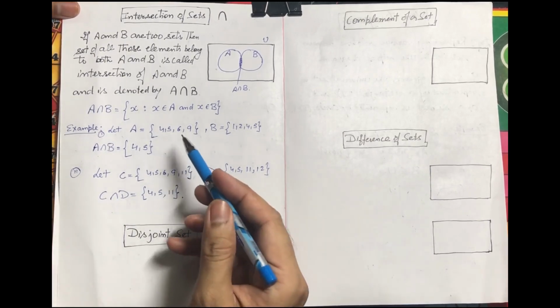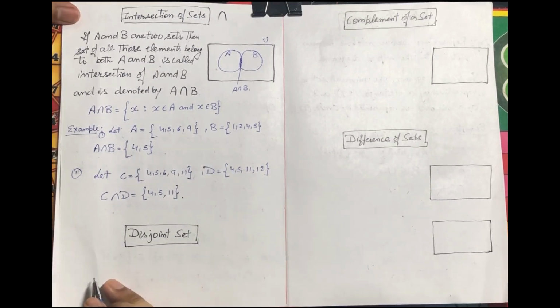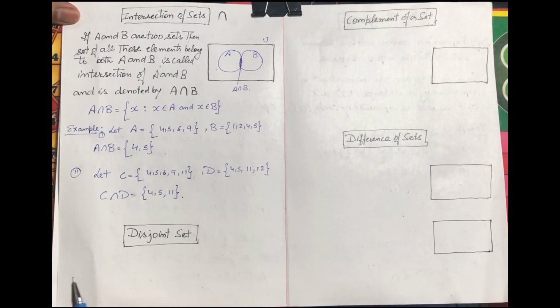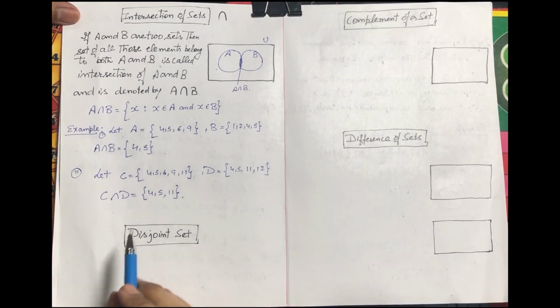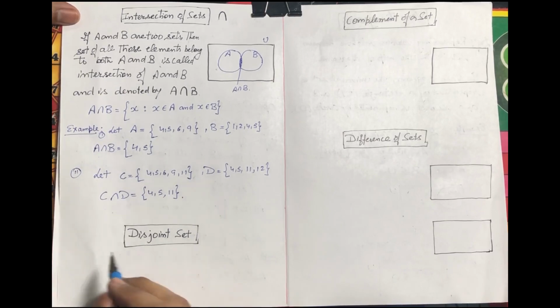Now from this definition we can draw next definition, disjoint sets. It's very interesting. If the intersection is empty, there is nothing common between two sets, they are called disjoint sets.